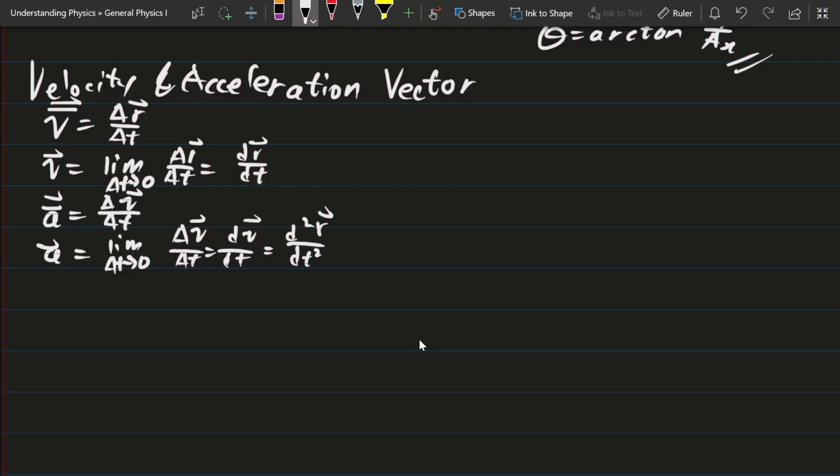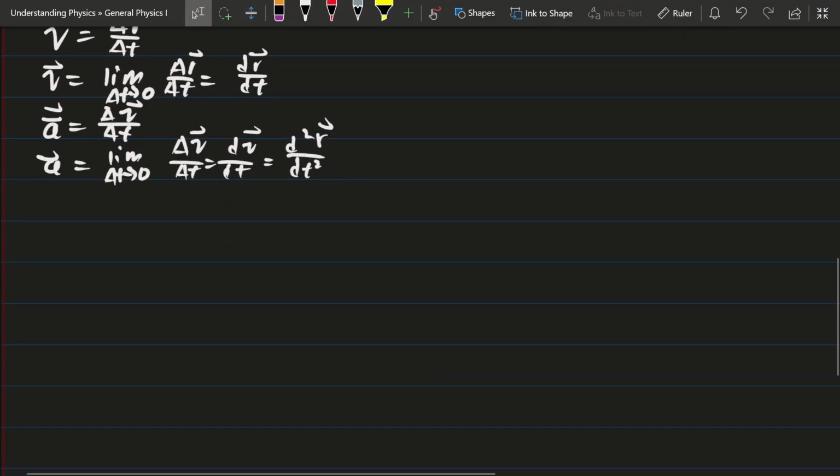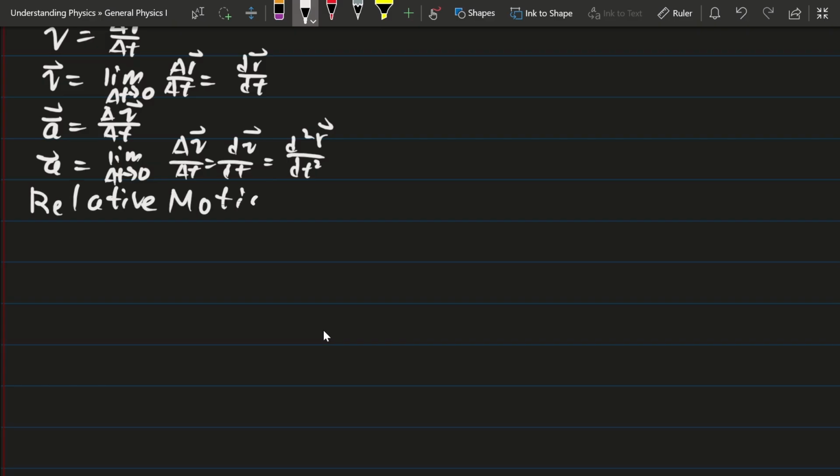So now we want to talk a little bit about what is relative motion. We need to remember certain cases, like we cannot truly know our velocity because everything is relative.